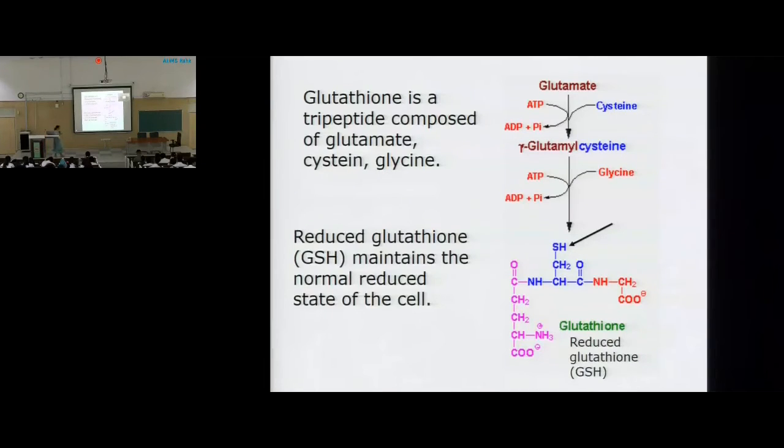Reason being, it has a pseudopeptide bond. Can anyone spot the pseudopeptide bond here? Can anyone spot it? So it is a tripeptide in which glycine, cysteine and glutamic acid are there. Pink or orange? This side. Why? Instead of the alpha, we have some other.